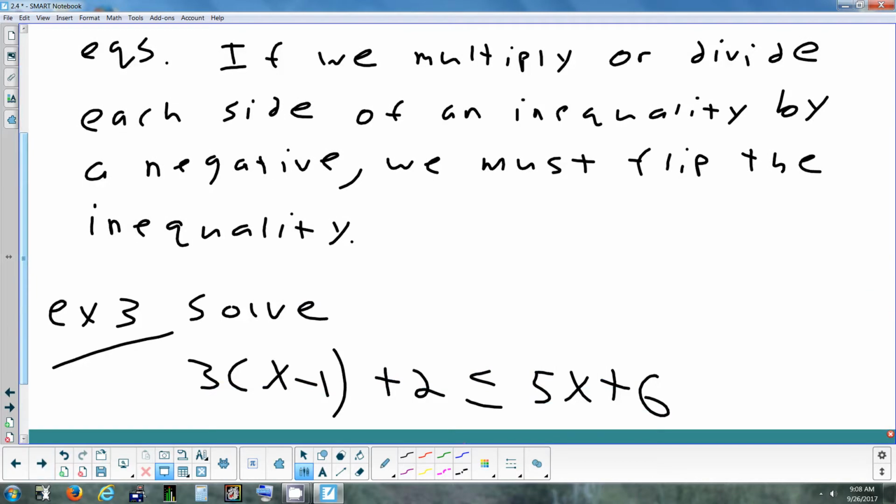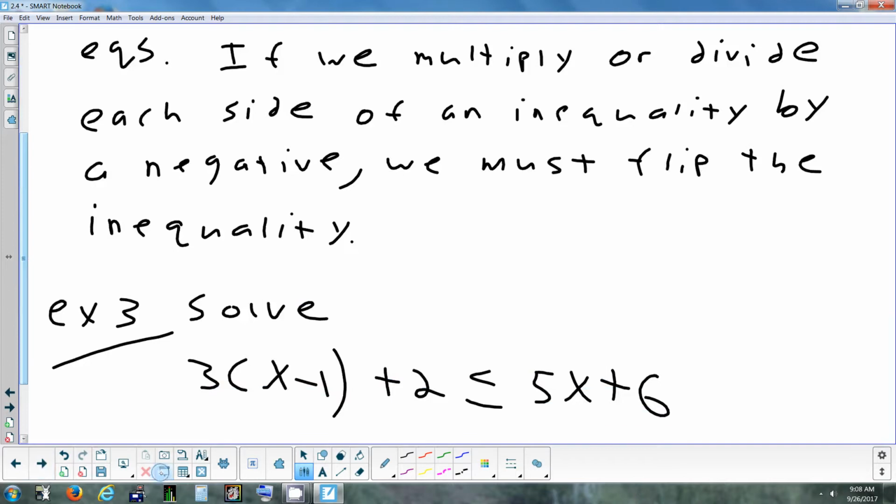All right, so in Algebra 1, I would probably start off with one not quite this complicated with distributive and everything, but we should be able to solve that pretty quick. So Megan, if I'm going to solve that, what would be my first step? Distributing the 3.